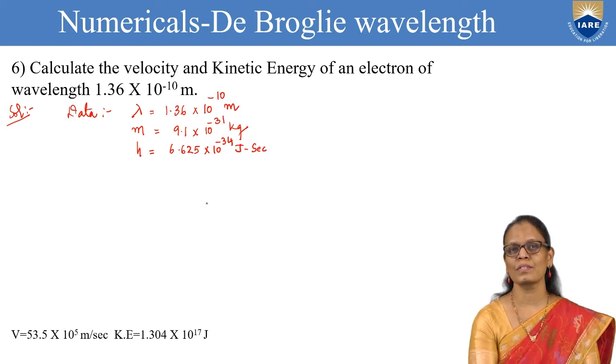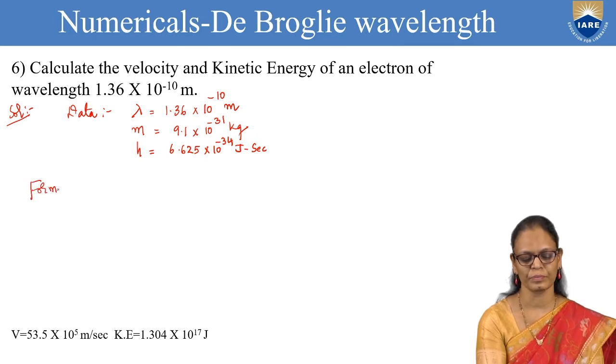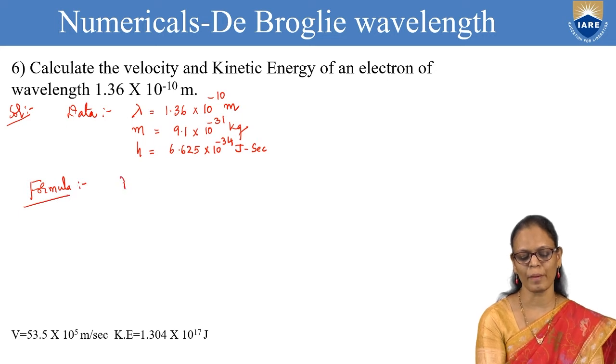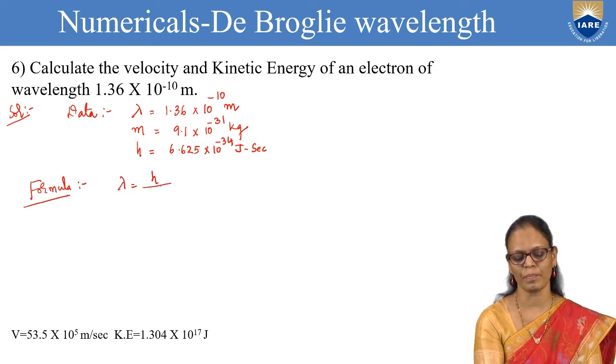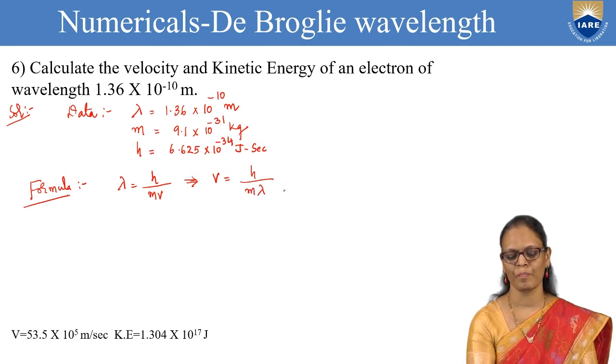Once you have the data, what is the formula we are going to use? We know lambda is equal to h upon mv. But you have to find v. So this implies v is equal to h upon m lambda.